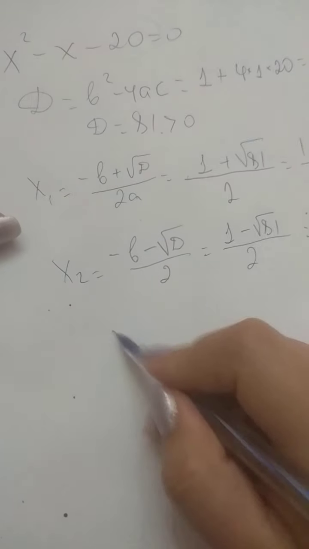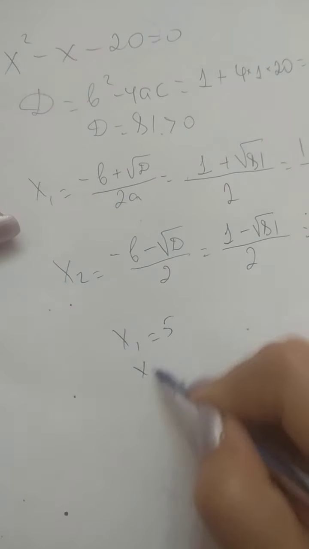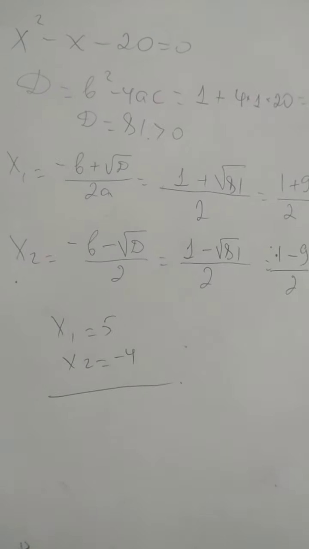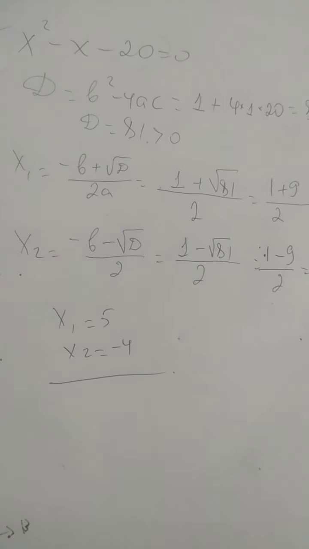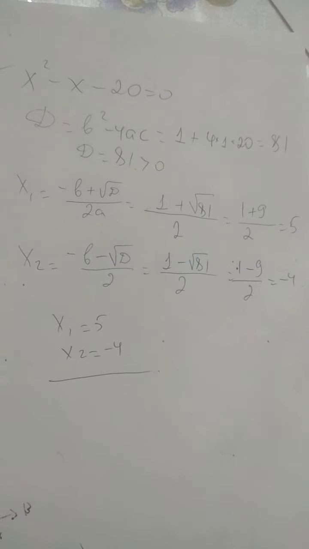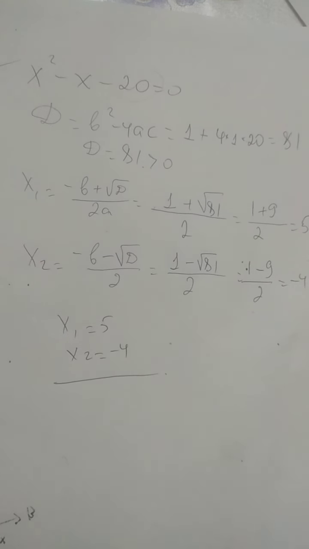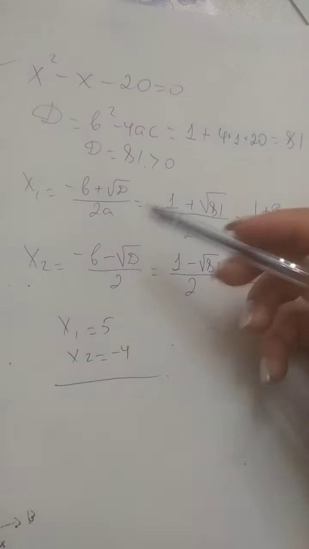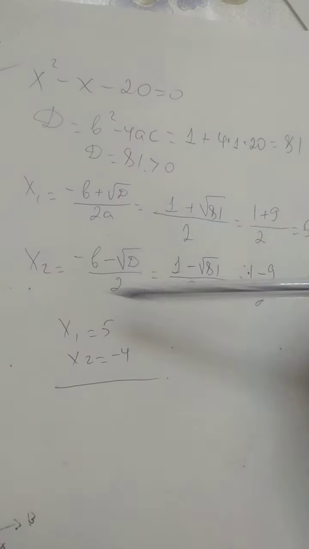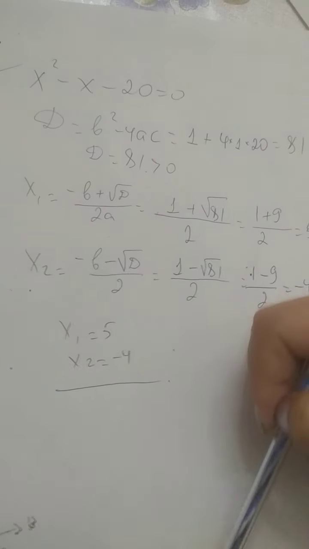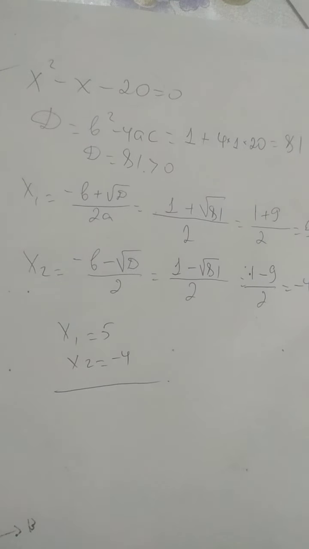So your solution is x1 is 5 and x2 is negative 4. That's it. You can find the solution with the discriminant method like that. First, write the formula for the discriminant and calculate it. If it's greater than 0, you have 2 different solutions. Then write your formula for the roots, x1 and x2. They are the same thing, but the difference is in the sign of the square root of the discriminant. So then you can find the solution with this method.